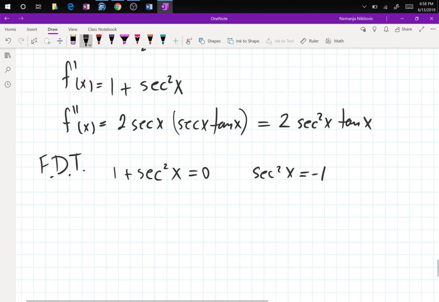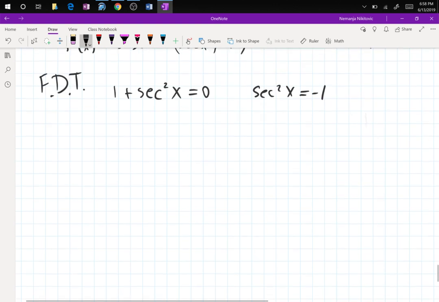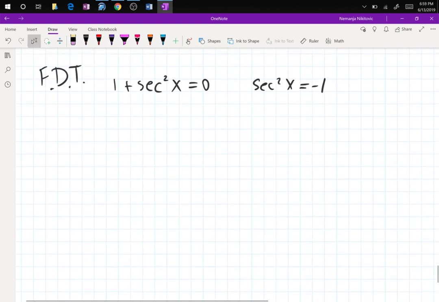What about factoring it? This didn't work. Secant is 1 over cosine, so we can try that: 1 plus 1 over cosine squared x equal to 0.